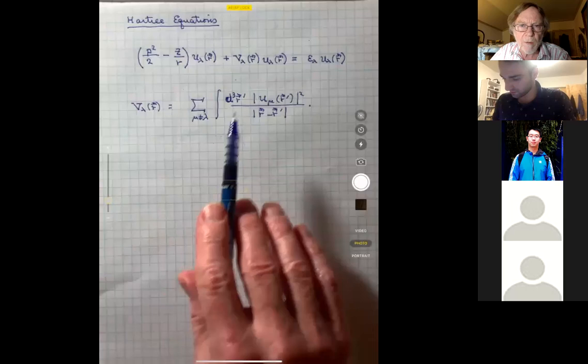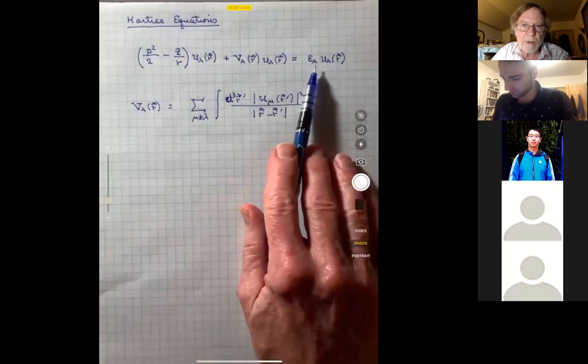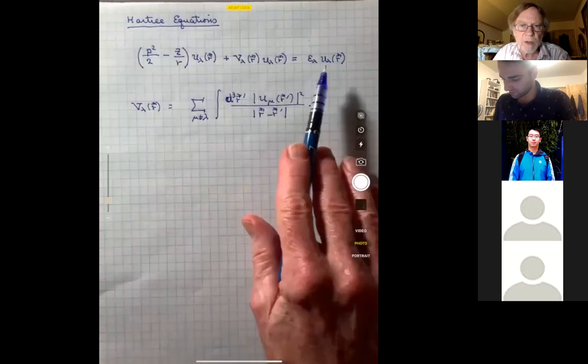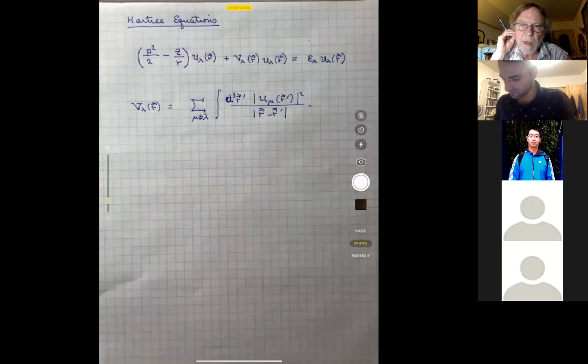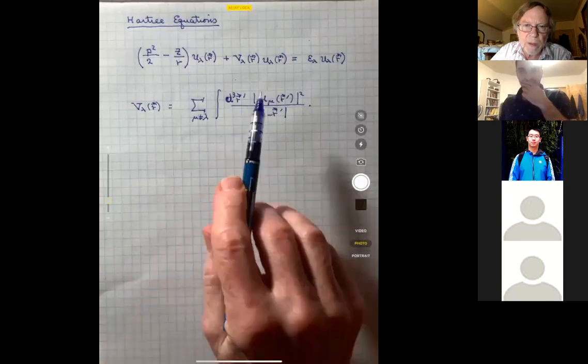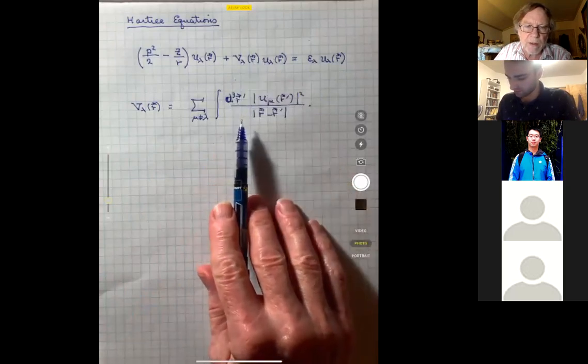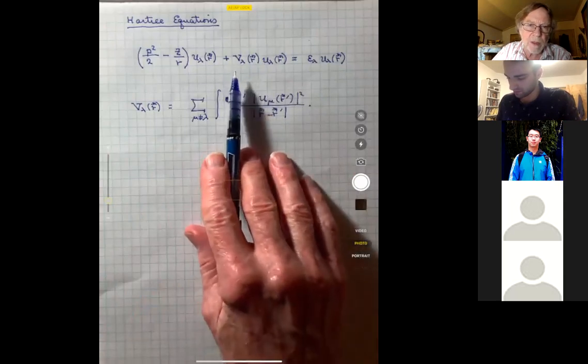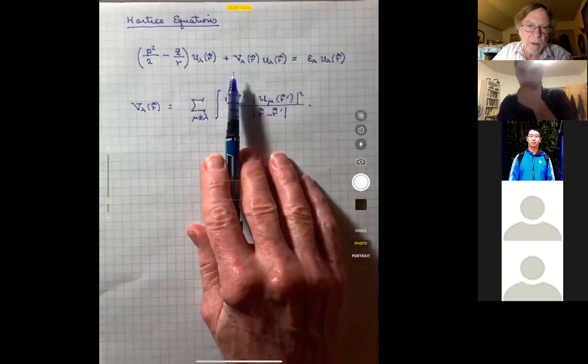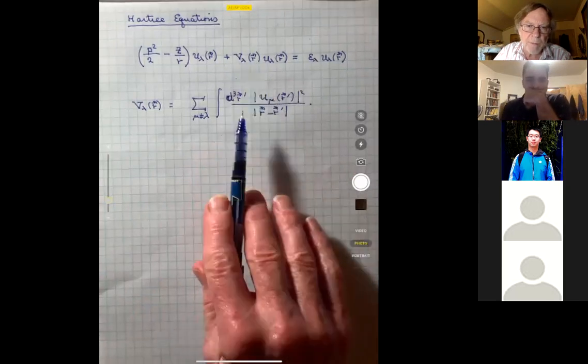But in any case, I'll call this a pseudo energy eigenvalue, and this whole thing a pseudo Schrodinger equation. It's not a real Schrodinger equation for the reason that the potential V lambda, which is due to the inter-electron interactions, is given down here, and it's given in terms of the orbitals themselves. Thus, this equation, in spite of appearance, is not a linear equation because the V lambda depends on the orbitals.